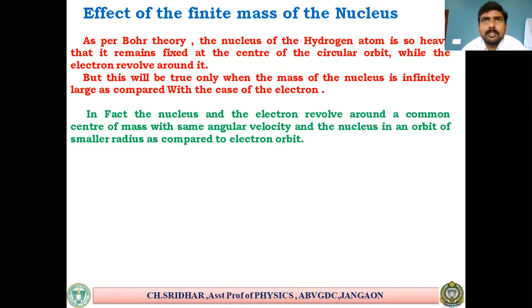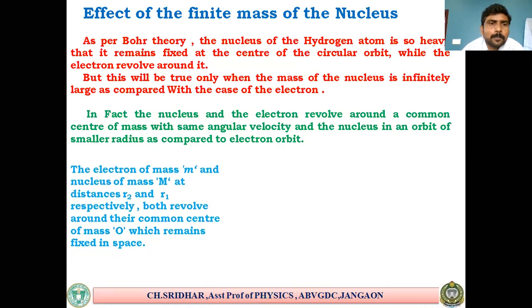But in practice, the nucleus is not infinite in mass, so it will not be at rest. The nucleus also moves around the common center of mass, but in an orbit of smaller radius, whereas the electron moves in an orbit of larger radius.